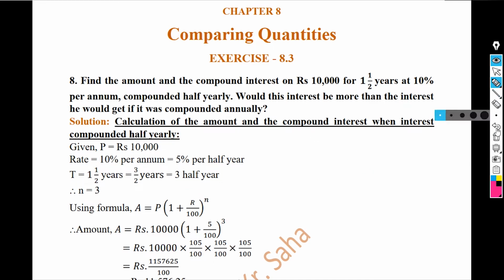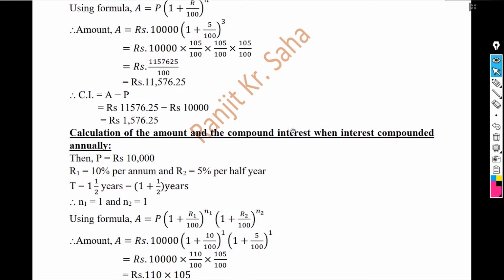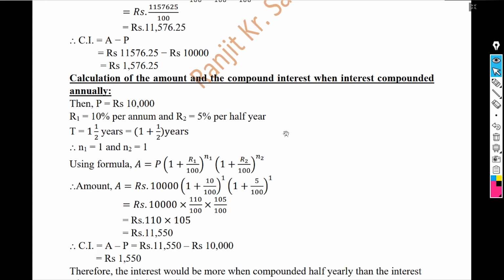You will get 1157625 divided by 100, and just put decimal point and you can write it 11,576.25. But don't forget to write this rupees. It is amount.